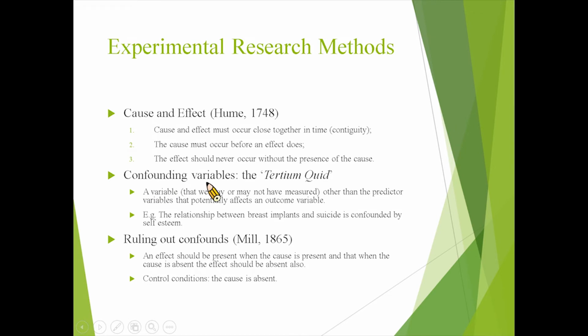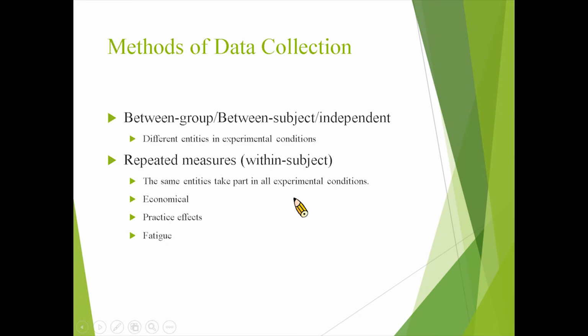Okay, and the confounding variable. And the method of data collection: between-group, and this is repeated measures. We will talk about these after some chapters. Today is just the introduction section.